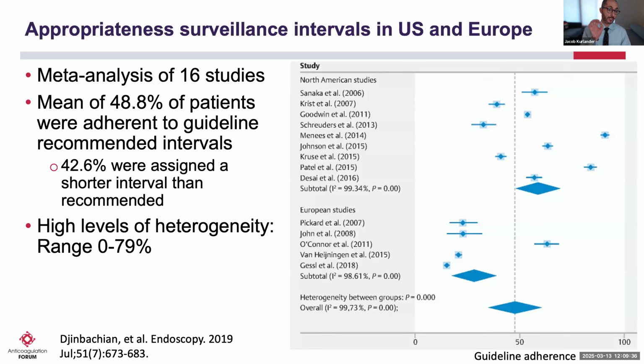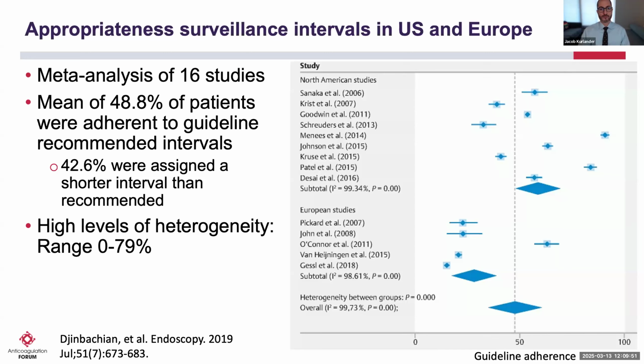How often were the recommendations correct on what we know to be the best intervals for next colonoscopy? And what they found was that only about 49% of patients were adherent to guidelines. We're getting this wrong about half the time as well.